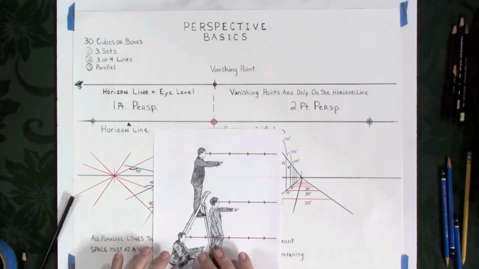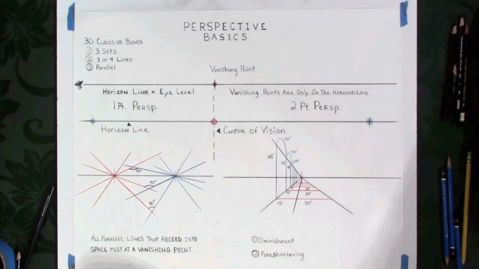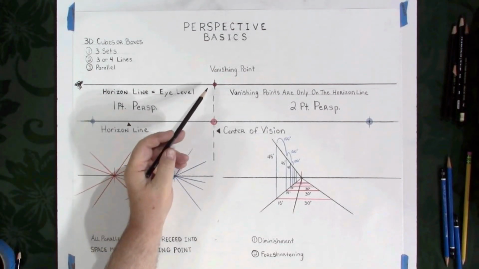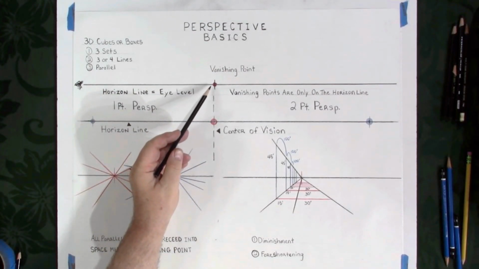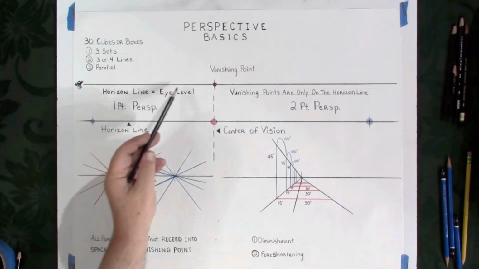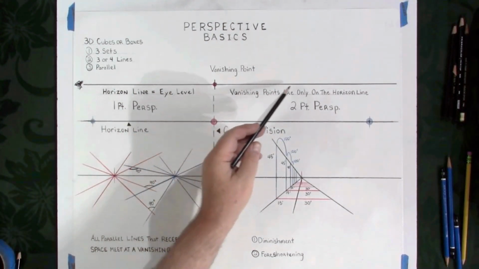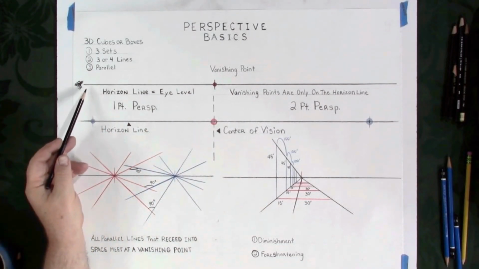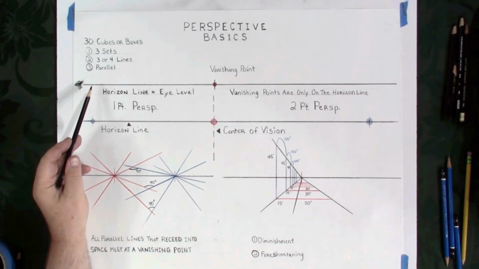And so we need to keep that in mind, because whenever we have our eyes open, we have a horizon line, and that's what this is right here. And whenever we draw, we want only one horizon line. Just like we want only one line of sight, we need to have only one horizon line.